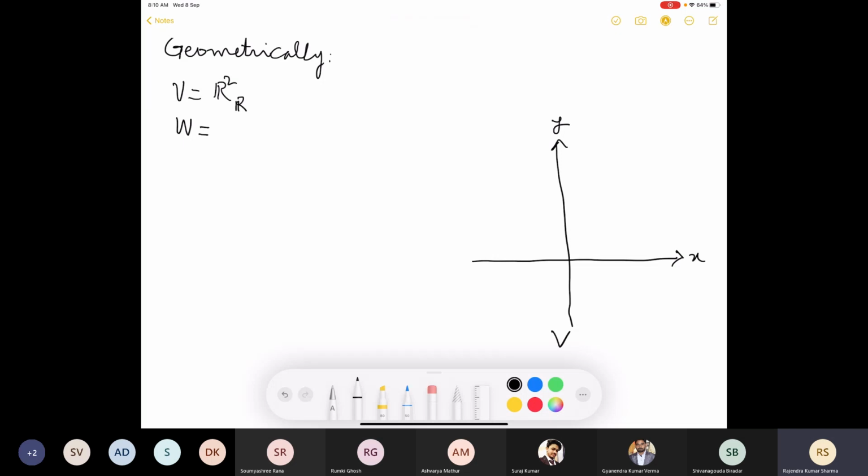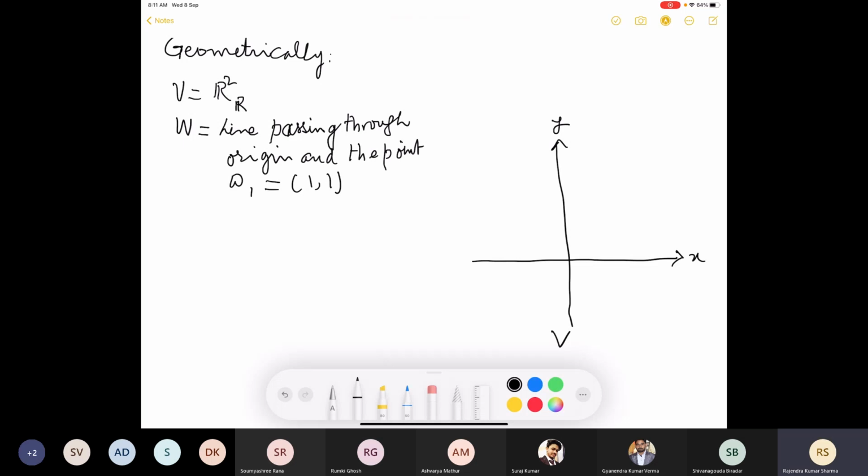So this is actually the line passing through the origin and the point W1. What is W1? 1, 1.